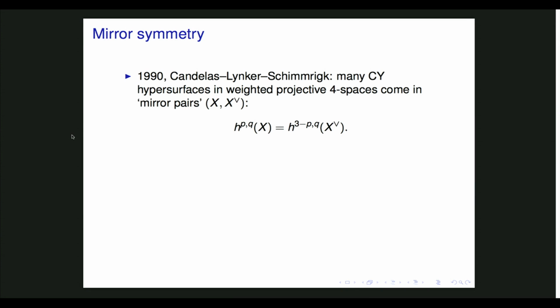Right, so that's what I was just saying. When we look at these particular examples of Calabi-Yau hypersurfaces, they seem to come in mirror pairs whose Hodge diamonds are related by this flip between the numbers A and B there.